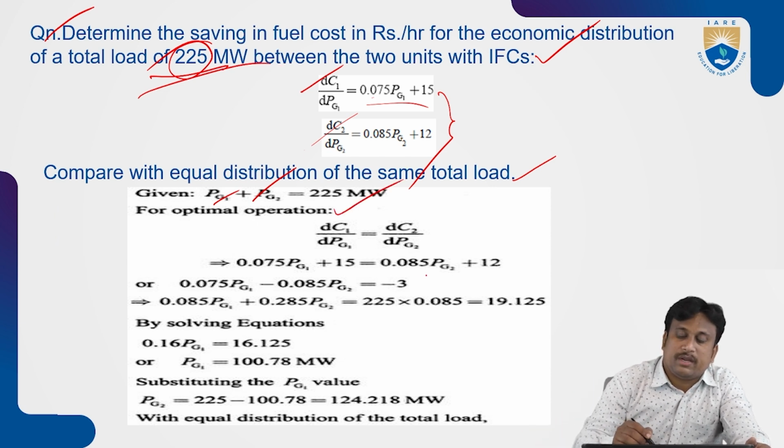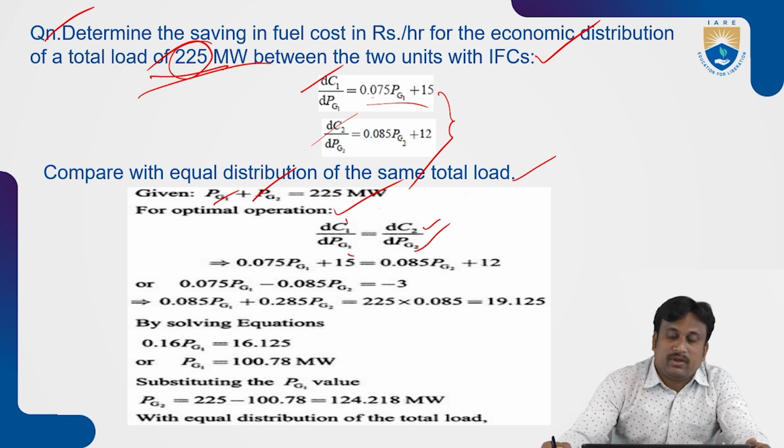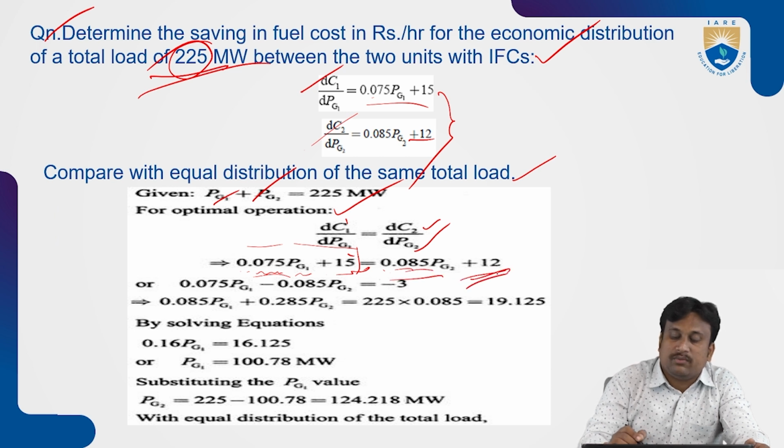For optimal operation, dC1/dPG1 equals dC2/dPG2. For the given expressions, 0.075 PG1 plus 15 will be equal to 0.085 PG2 plus 12.